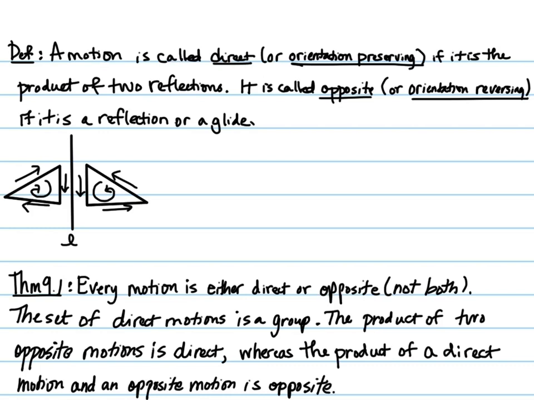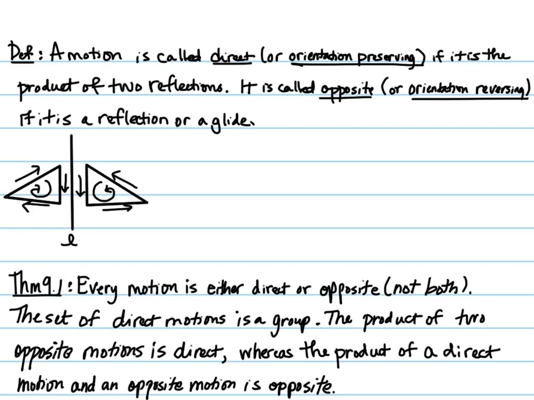Proving this is pretty direct. It's pretty straightforward. It goes back to the fact that we can translate all of this language back into reflections, okay? So our definition actually said that we've either got a direct or an opposite. Those are the 2 options here. And we know that when we have a reflection or a glide, we have an odd number of reflections. And when we have 2 reflections, which is the other fact in our definition, it's a direct relationship.